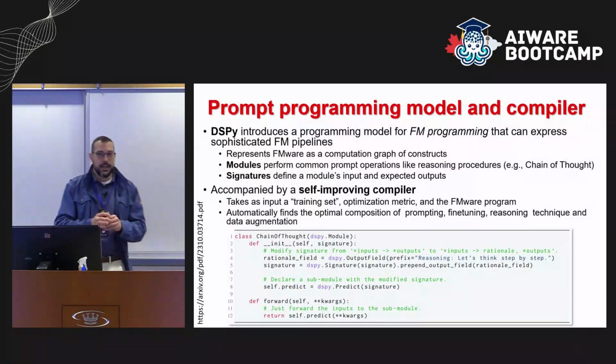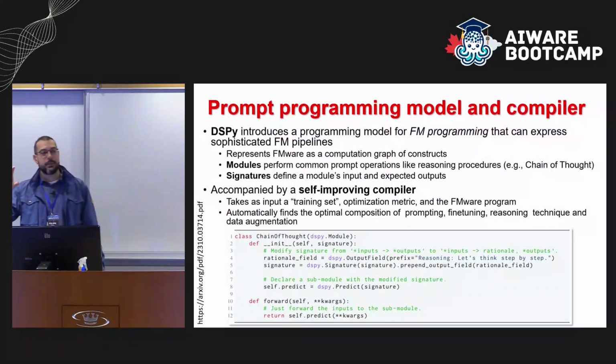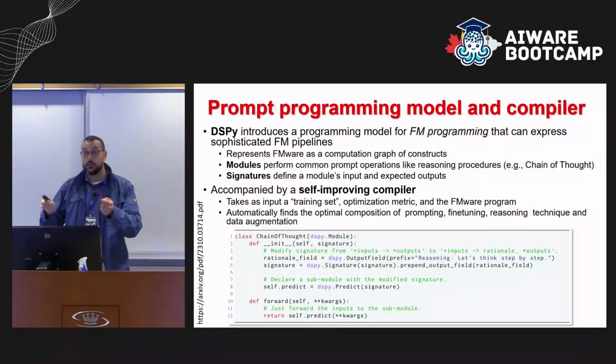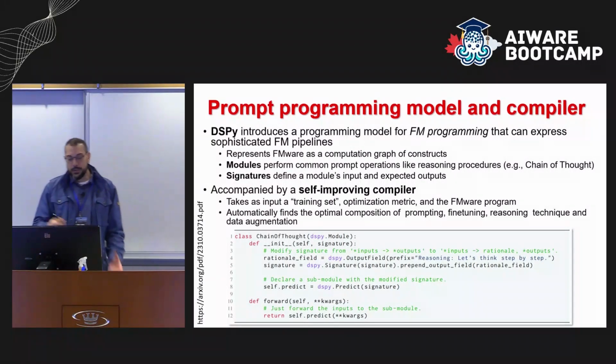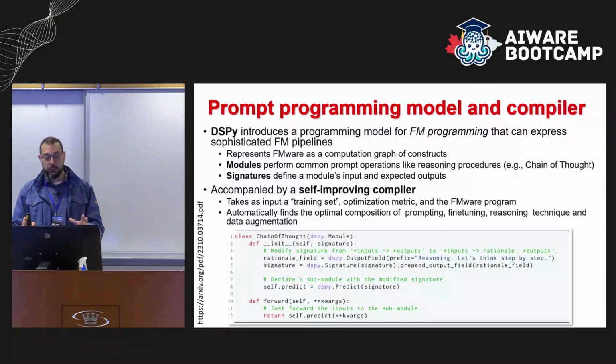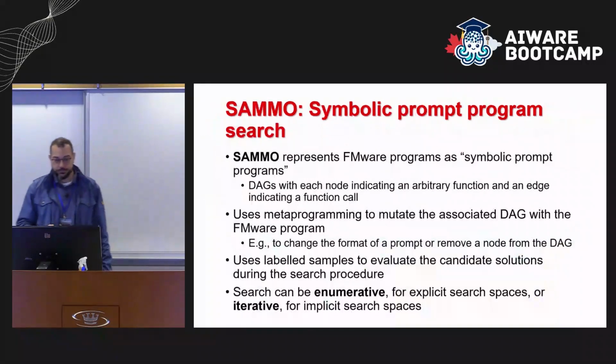Each step of this pipeline has its parameters, and the DSPy compiler tries to modify these parameters and find the best configuration of these parameters. The compiler by itself, the optimizer, works pretty much as I showed on that figure. But the main contribution here is this programming model for you to represent your FMware program.